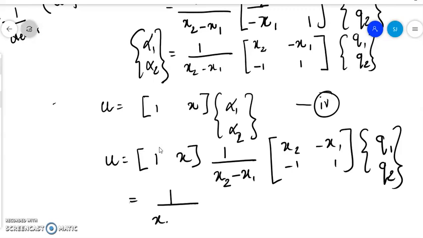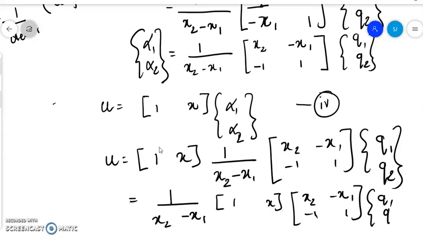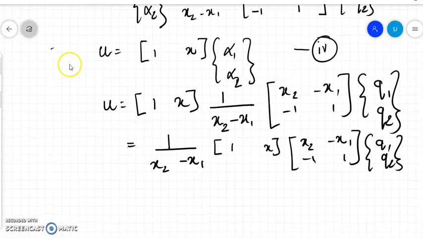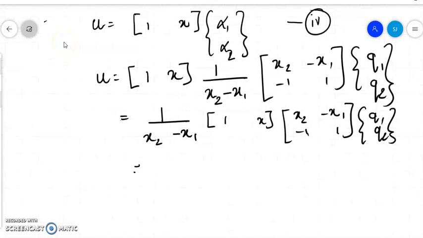Rearranging the terms, let us now multiply these two matrices. We will get 1 upon x2 minus x1. So it is this row matrix into this 2 by 2 matrix.